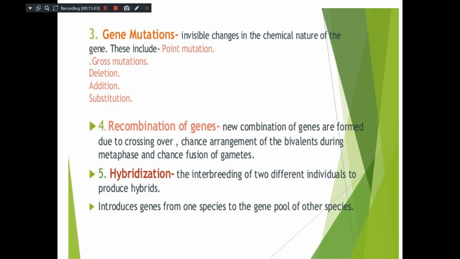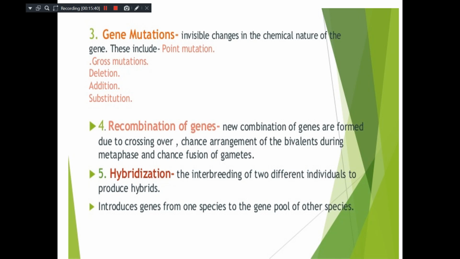Then recombination of genes as a result of crossover. Due to crossing over, new recombination of genes happens. When crossing over takes place, there are new combinations of genes: some genes from the paternal side, some genes from the maternal side. They join together and form a new combination during metaphase, and that can also bring variation.